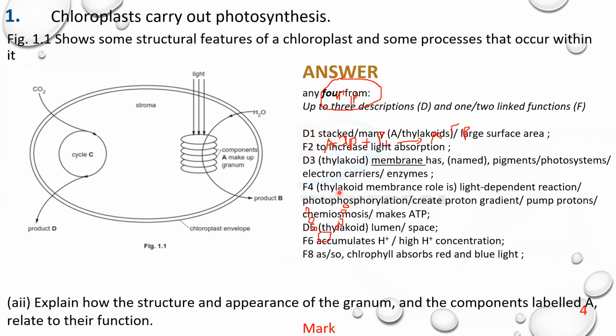But what's the function? The thylakoid membrane is a site for the light dependent reaction, which is photophosphorylation. And like I told you, they create electron and proton flow, and that helps in chemiosmosis.